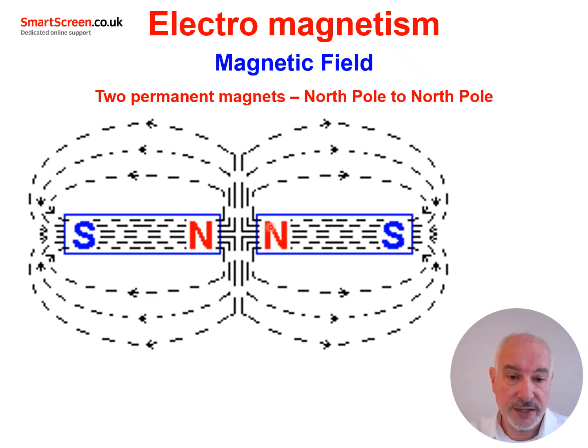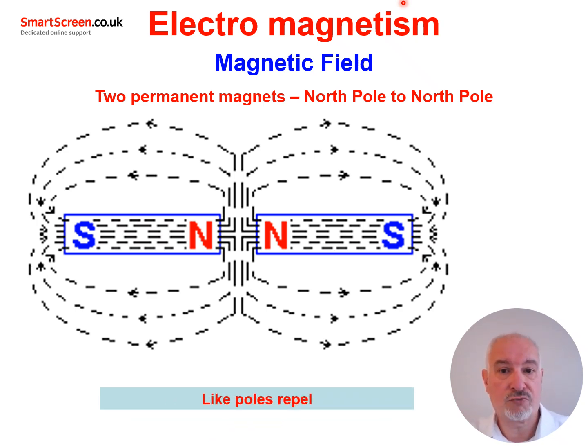So the effect on the lines of flux in the magnetic field is that they're pushed away from each other in between the two magnets, and so we see the lines of flux still flowing from north to south in each of the magnets, north to south, and the same on the other magnet, north to south at the top and north to south at the bottom. But in between the magnets, the two fields are pushing against each other, and we call that like poles repelling. So like poles repel.